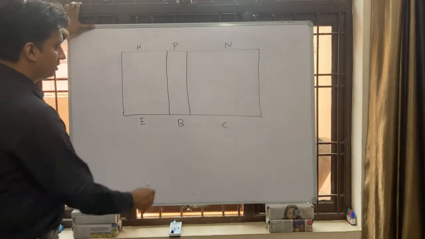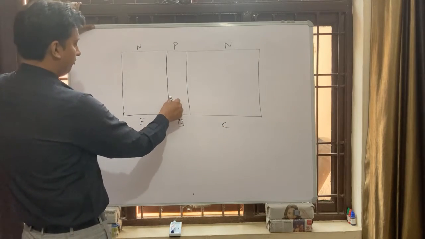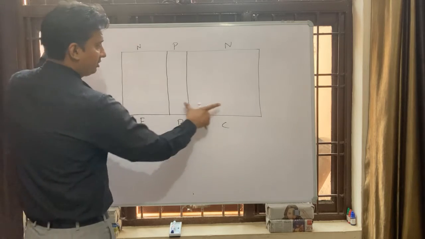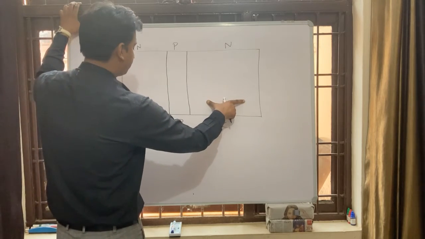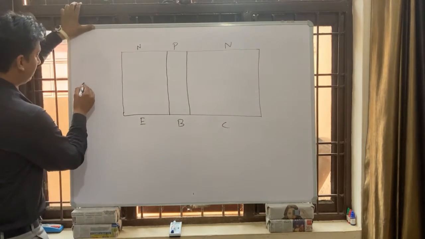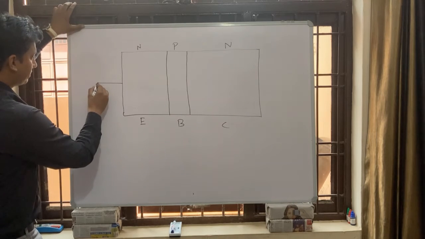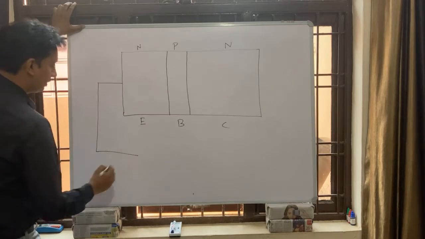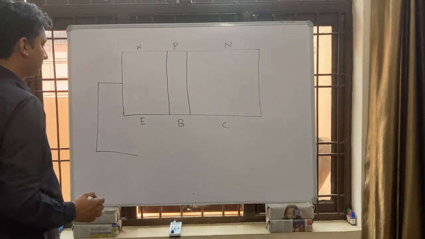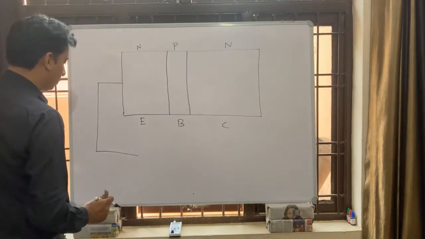As you all know, the width of the base is very small, the width of the emitter is medium, and the width of the collector is large. I am taking this transistor in the active mode.